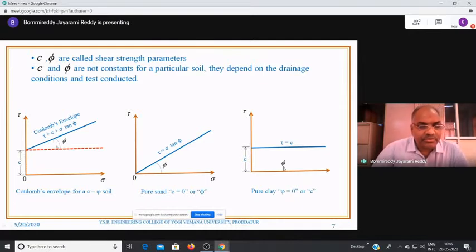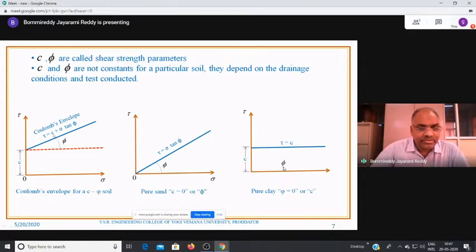Sometimes, if the cohesion is zero, you can look below. This is particularly the Coulomb envelope for a C-phi soil, meaning a soil containing both cohesion and an angle of internal friction.